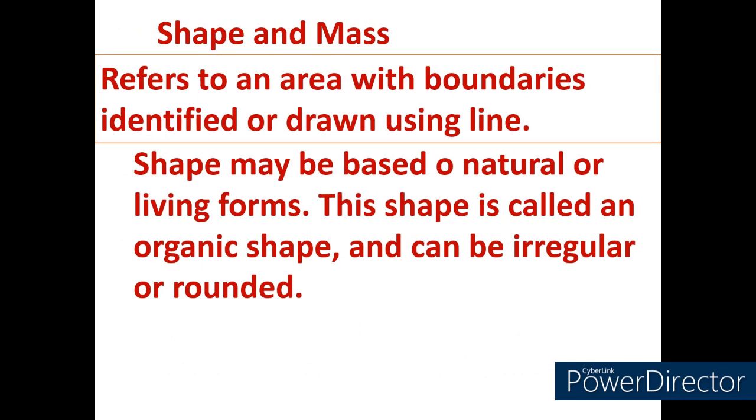The next one is shape and mass. Shape refers to an area with boundaries, identified or drawn using lines. Shape may be based on natural or living forms. This shape is called an organic shape and can be irregular or rounded.